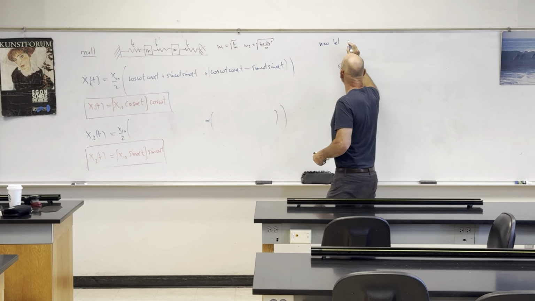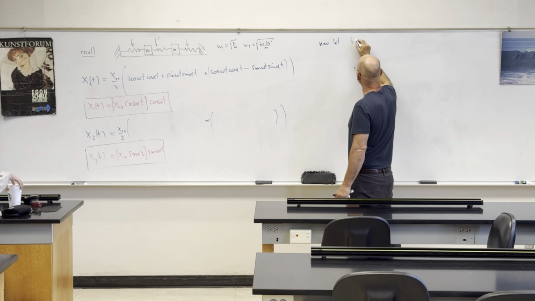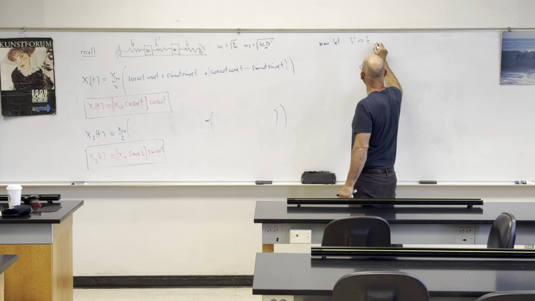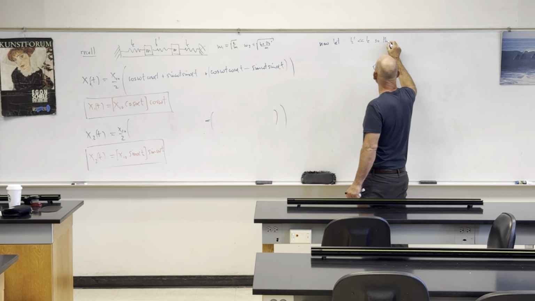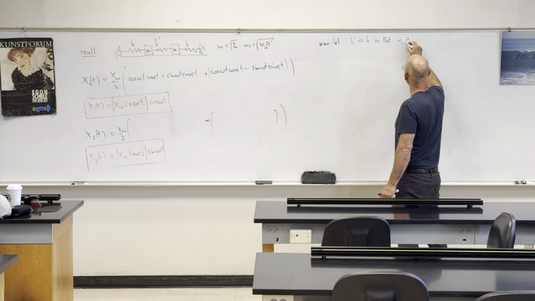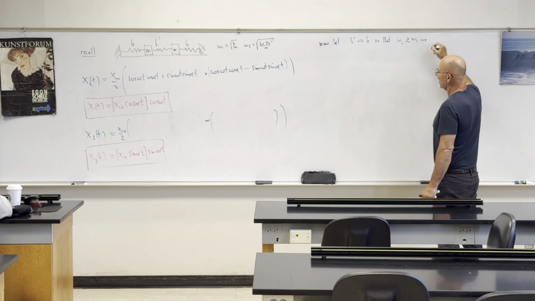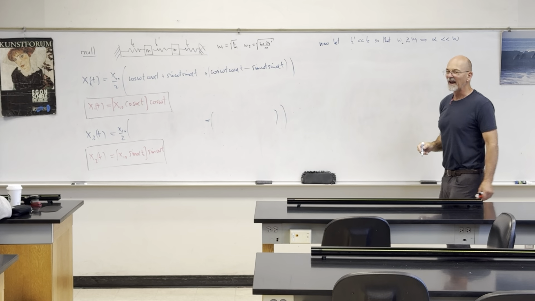So now let k prime be much less than k, so that omega 2 is greater than, but almost approximately, omega 1, which means that with those definitions I just showed you, alpha is much less than omega.